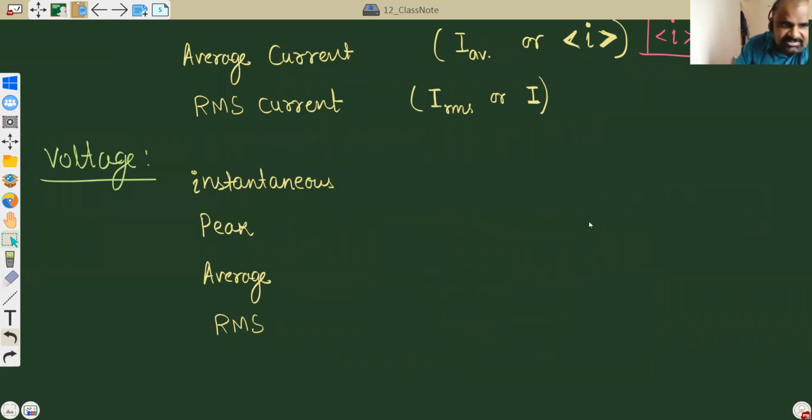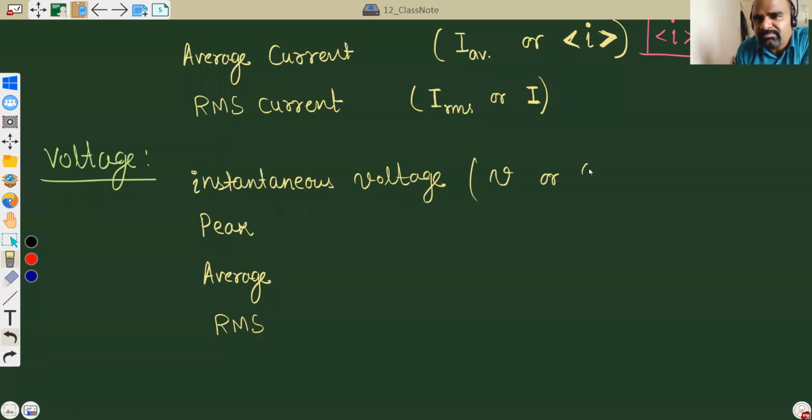First is instantaneous voltage. Instead of instantaneous current, we have instantaneous voltage. And how will we represent it? With the letter small v. Or if you want to be more specific, you should also use the subscript inst below it.